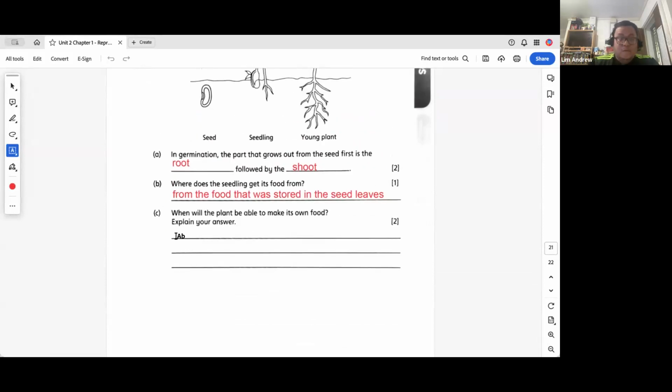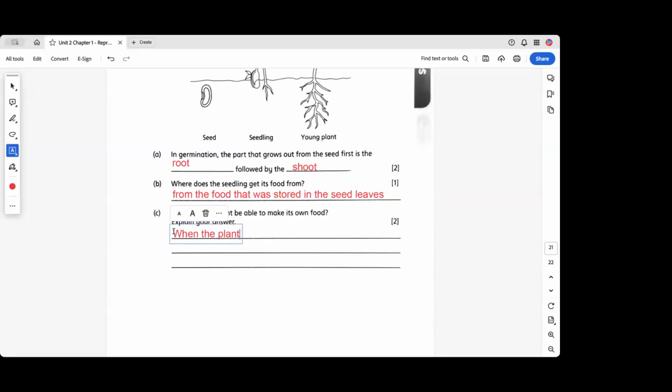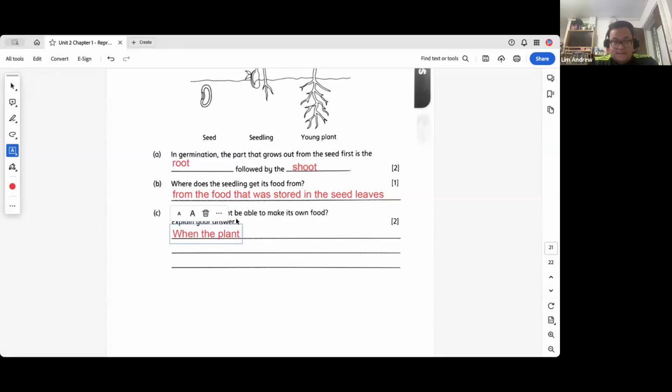Well, as mentioned earlier, when a plant has got its first set of true leaves, then it will be able to make food through the process called photosynthesis.